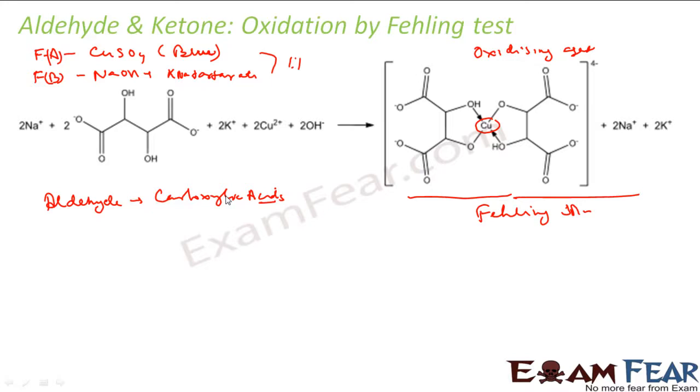But when it oxidizes the aldehyde to carboxylic acid, it gives a red-brown precipitate. It gives actually Cu2O, that is nothing but a red-brown precipitate. So if we get red-brown color with Fehling solution, that means it is an aldehyde. And please note, aromatic aldehydes don't respond to this test.